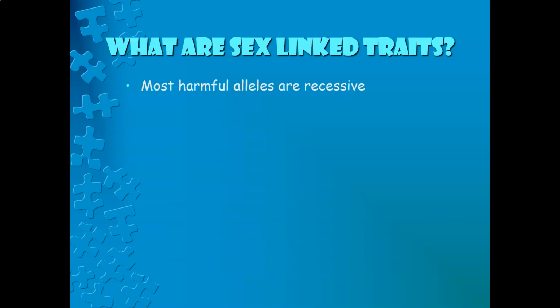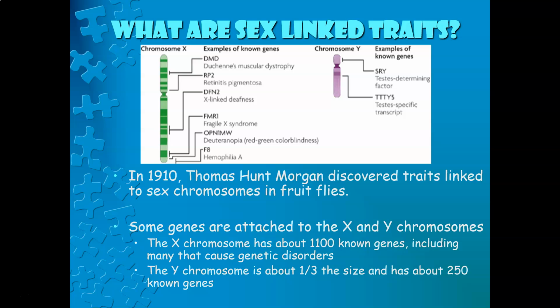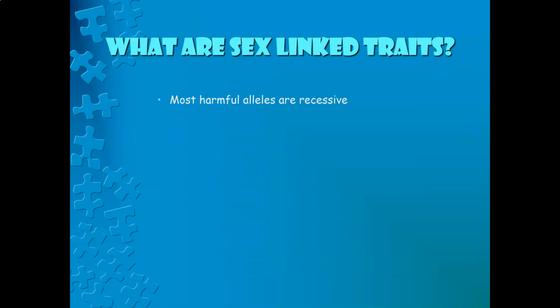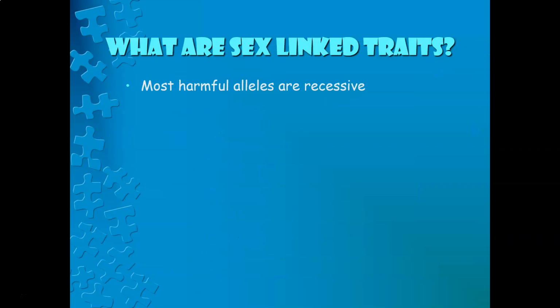So why do we care? Well, when we look at sex-linked traits, first and foremost, most of the harmful alleles that we see, when I go back here and take a look at things like the muscular dystrophy, the X-linked deafness, the hemophilia, for example, most of those are recessive, meaning that you would need to inherit two recessive characteristics or two recessive alleles in those traits if we were typically talking about traditional Mendelian genetics.